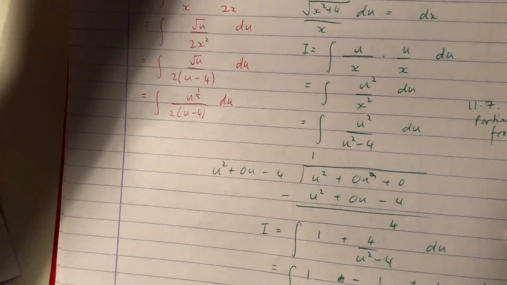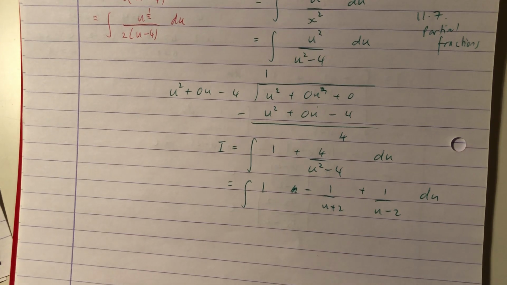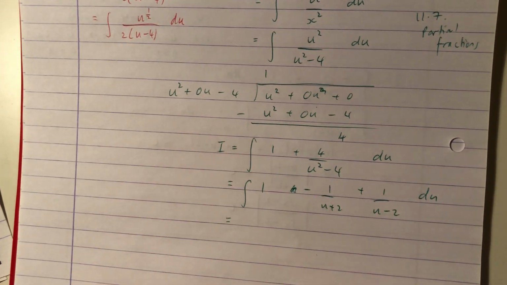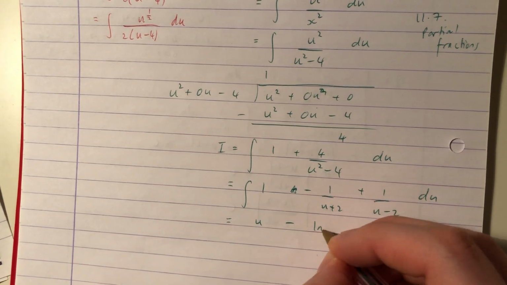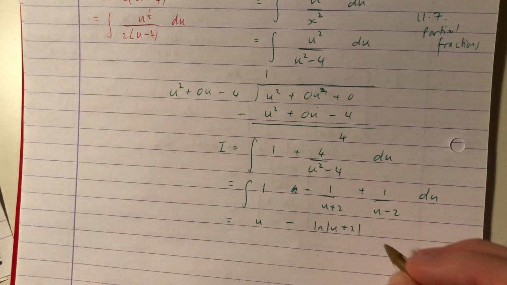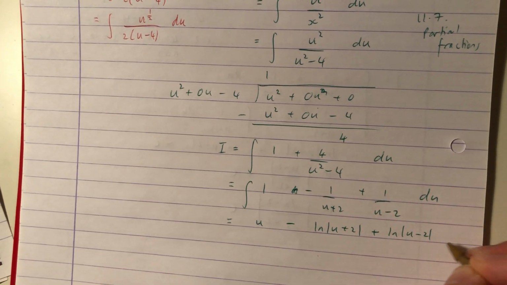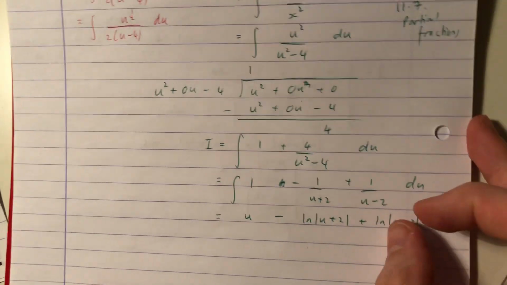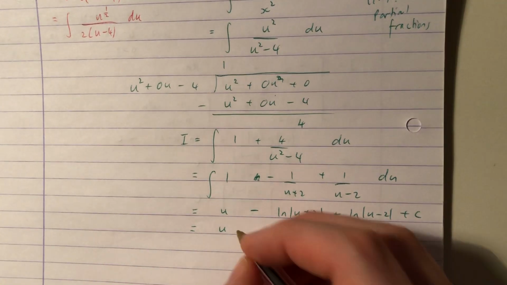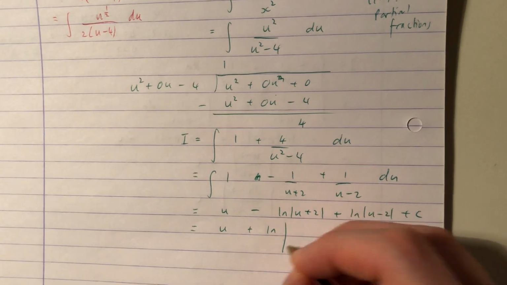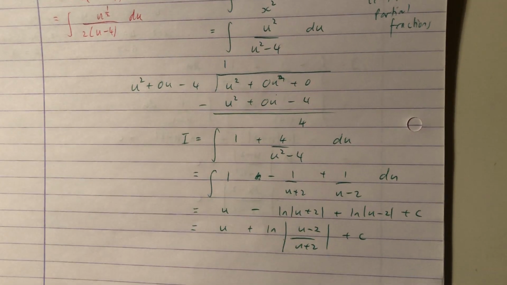Again, this is a different subchapter, still 11.7. Don't worry if you don't know this yet, but integrating this would be going to u minus ln of u plus 2, plus ln of u minus 2, plus c, which is u plus ln of u minus 2 over u plus 2, plus c.